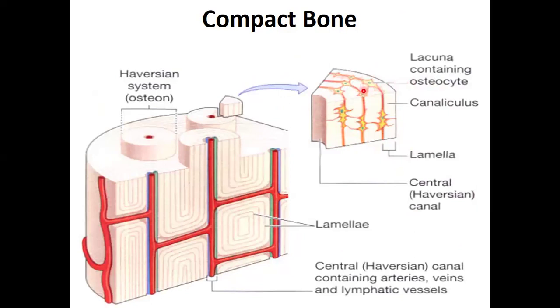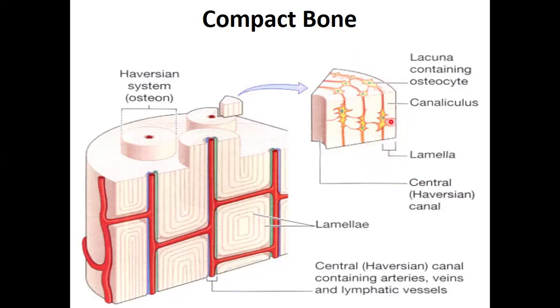So to make things simple, an osteoblast is immature and actively producing osteoid, whereas an osteocyte is mature and inactive. So an osteoblast turns into an osteocyte and remains dormant in that bone. That's why osteoblasts are called bone-forming cells, whereas osteocytes are bone-maintaining cells.